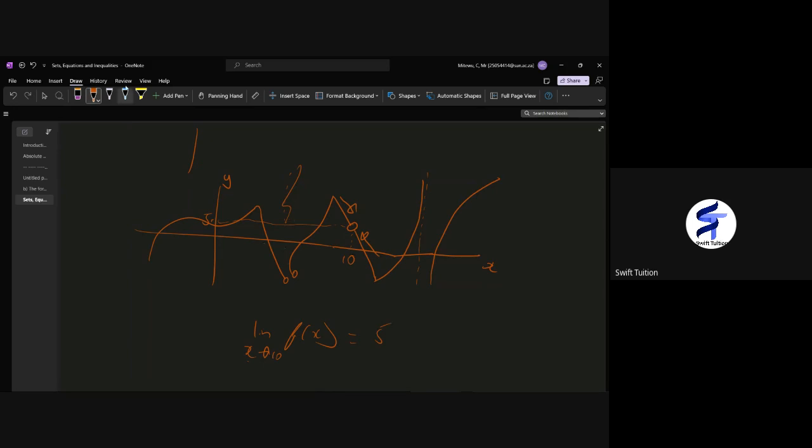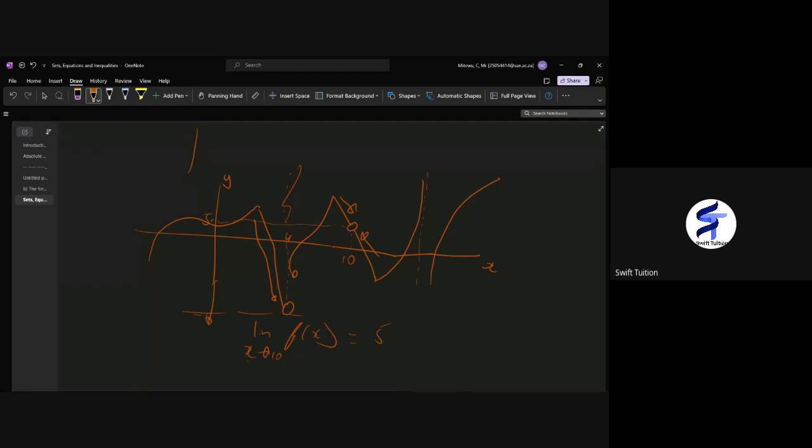Let's make it a bit more distinct. Let's say it does this and then it does that, and I'm looking for the limit as we approach a value like 4. If I approach 4 from the left-hand side, I'm using this function, and I end up equal to this value, let's call it -10.